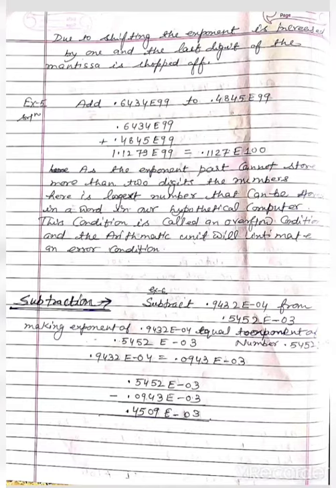So we can see here the exponent part cannot store more than 2 digits, and the number here is the largest number, or we can say it is out of the range of the storage. So this cannot be stored in our hypothetical computer. This condition is called the overflow condition.